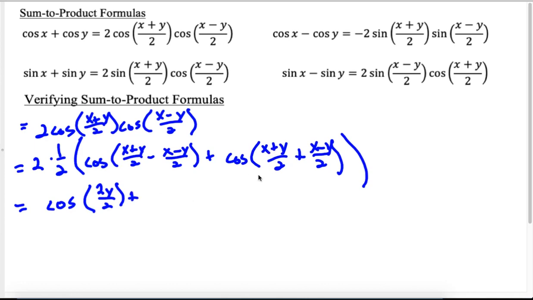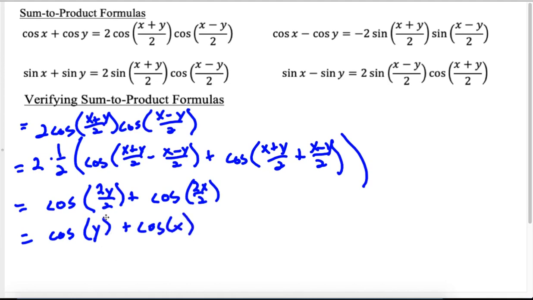If I've got x plus x, that'll be 2x. And then y plus negative y, that'll cancel. Just doing the division on the inside then, 2y over 2 is just y, plus 2x over 2 is just x. Okay, so that is the proof, or the verification of this first formula.